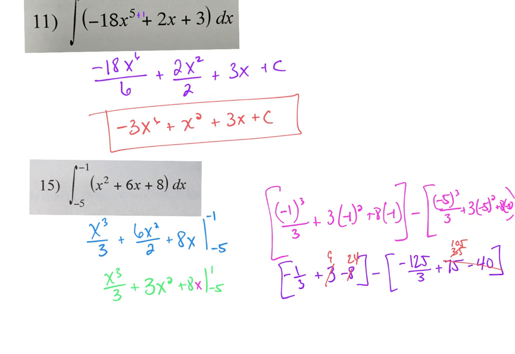What is that, 16? So you can't do 3 minus 8 and then add it to the negative 1/3? Yeah, you can. To find a common denominator and then subtract it to the other side? Mm-hmm. Okay, that's what I'll do then.